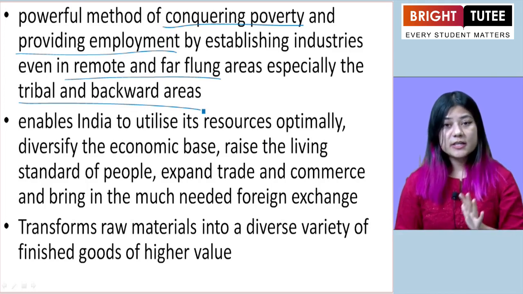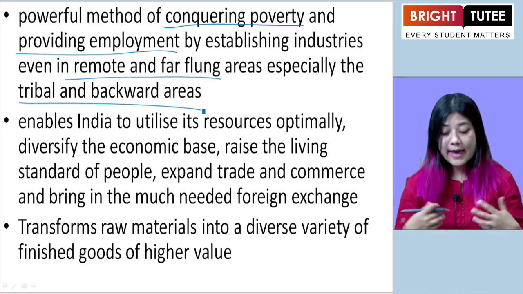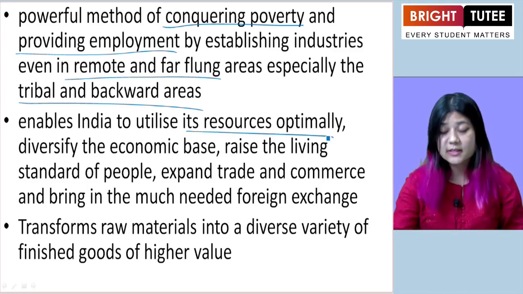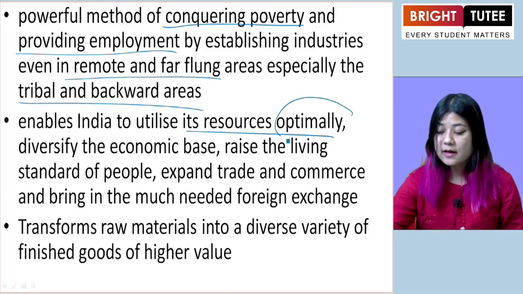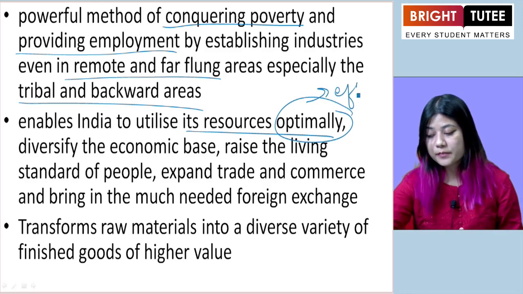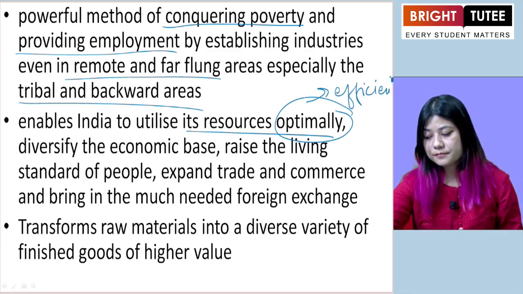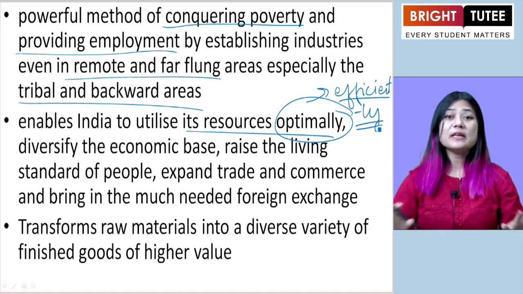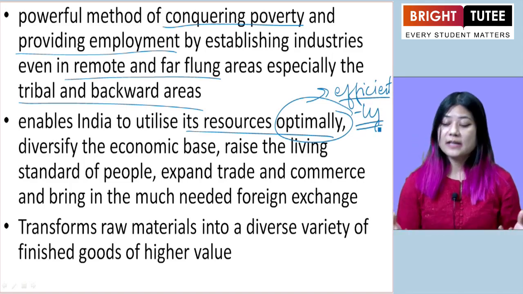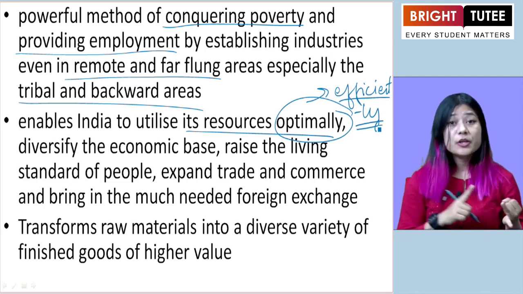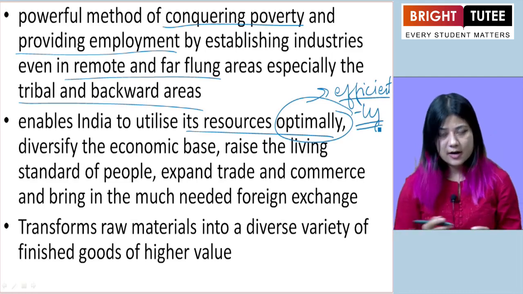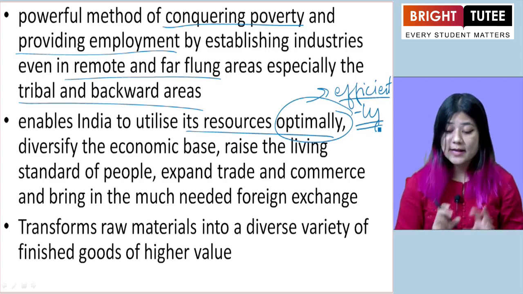Now, manufacturing industries also help utilize the resources available in our country optimally, very efficiently. There are so many different kinds of resources available in our country: natural resources, human resources, etc. We have already done this before as well.